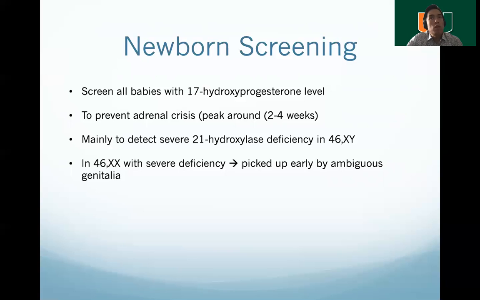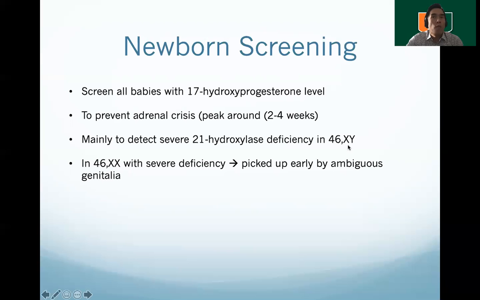Adrenal crisis usually doesn't happen right away. It occurs around 2 to 4 weeks after birth, right? So it is mainly to detect severe 21-hydroxylase deficiency in 46XY. Why? Because in 46XX, it usually gets picked up by ambiguous genitalia, right? Once you have ambiguous genitalia, all of these infants will be evaluated.